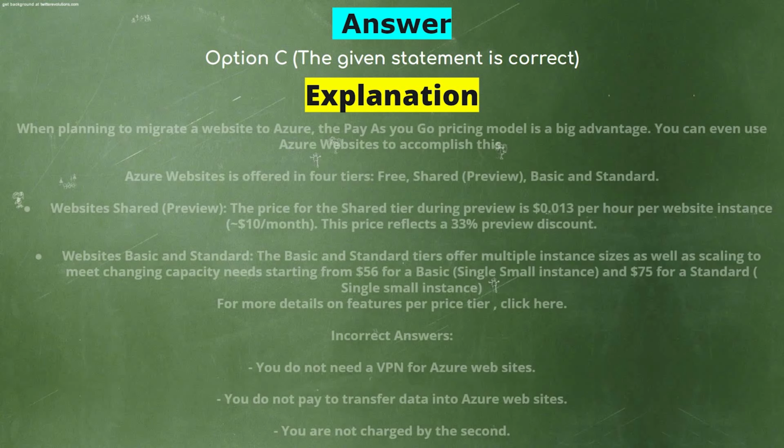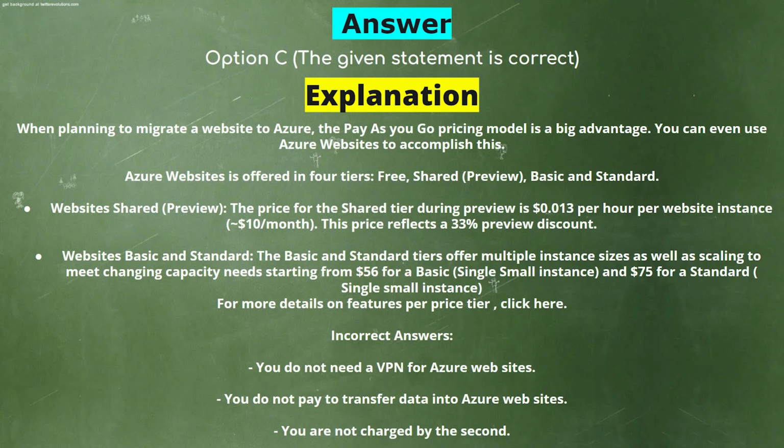Explanation. When planning to migrate a website to Azure, the pay-as-you-go pricing model is a big advantage. You can even use Azure Websites to accomplish this. Azure Websites is offered in 4 tiers: free, shared preview, basic, and standard. Website shared preview. The price for the shared tier during preview is $0.013 per hour per website instance.